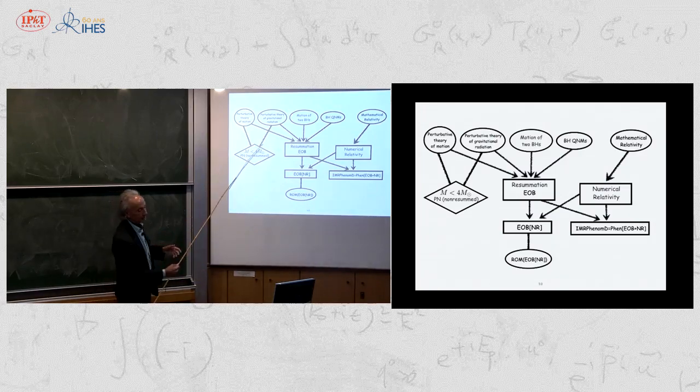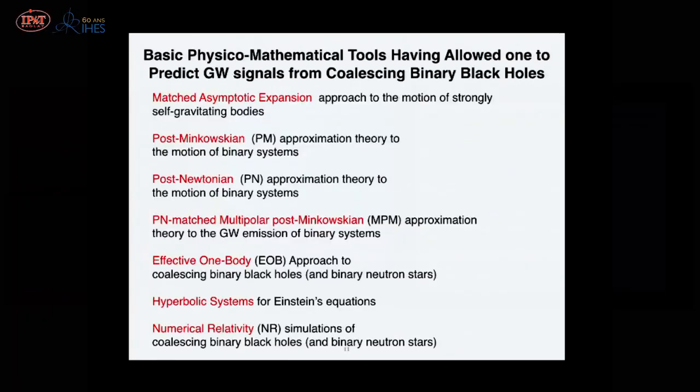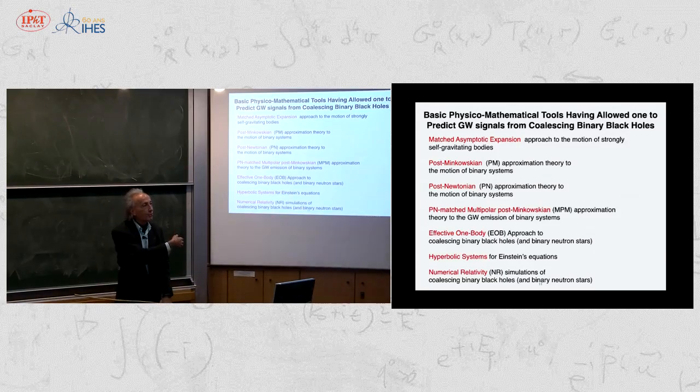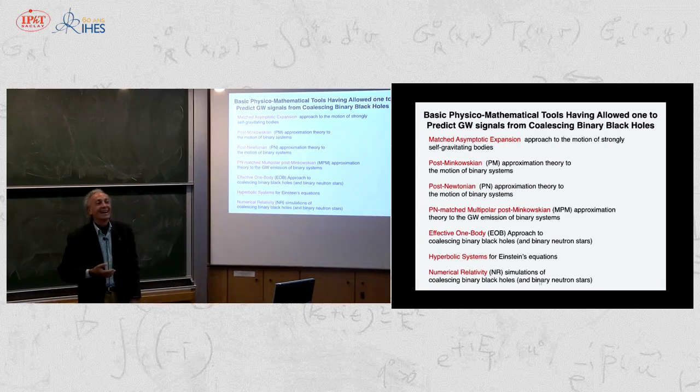All the elements that are needed, which are detailed here: the basic physical and mathematical tools which have allowed one now to predict, as I showed before, a signal of the coalescence of two black holes. This was predicted before detection and before numerical relativity, actually by analytical methods, and this is what I want to explain.